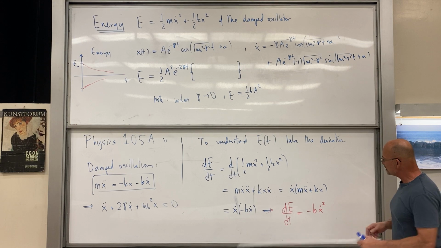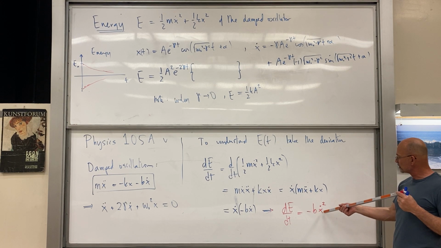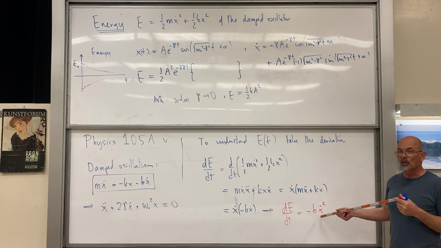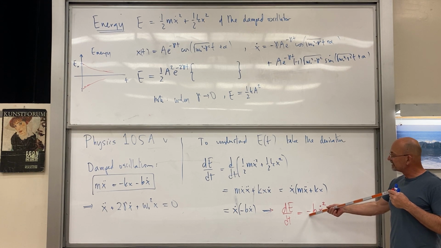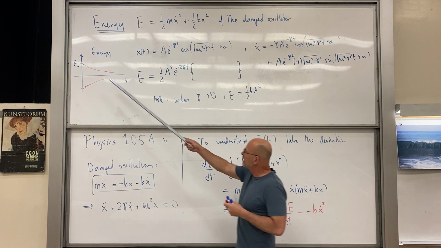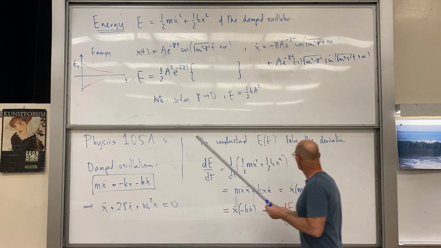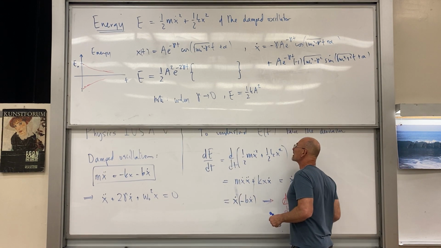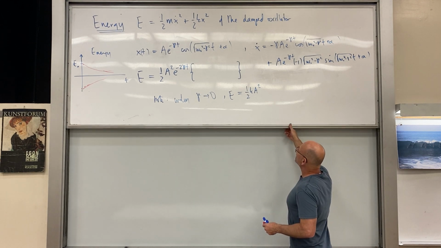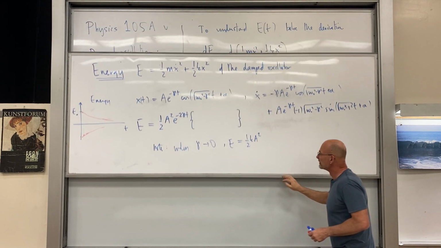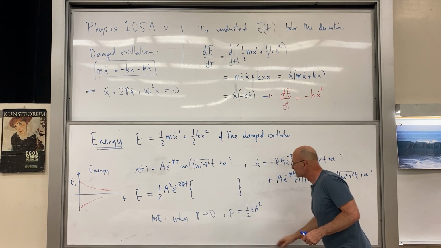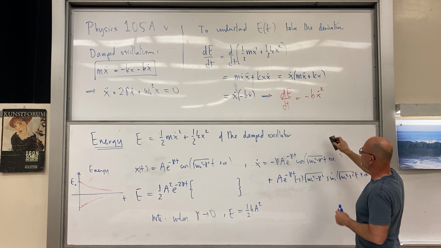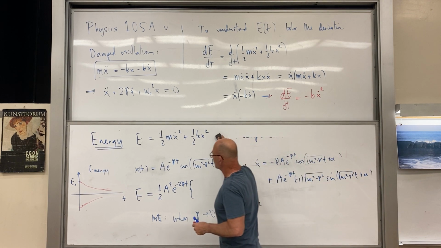So the rate of change of energy is proportional to the velocity squared. The minus sign tells us, sure enough, it's always decreasing, but we have a little more. Let me continue right underneath here and free up a little space.